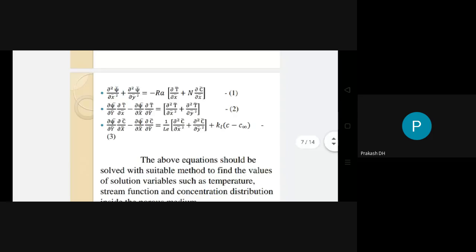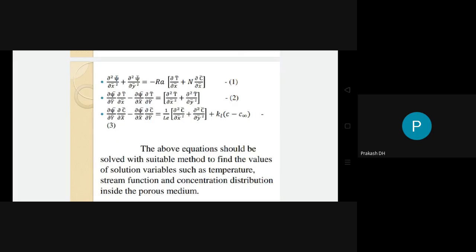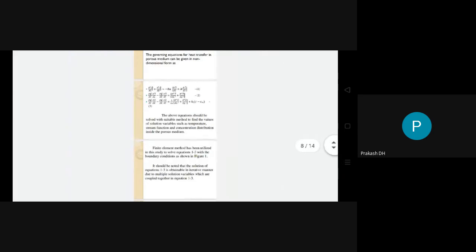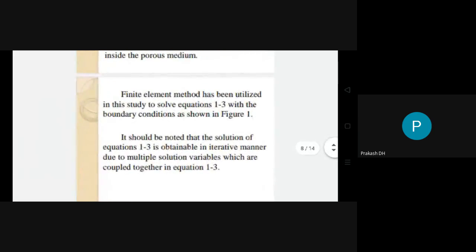The above equations should be solved with a suitable method to find the values of the solution variables such as temperature, which is in the first equation, the stream function in the second equation, and the concentration distribution inside the porous medium. The finite element method has been utilized in this study to solve equations 1, 2, and 3 with the boundary conditions shown in the first figure.